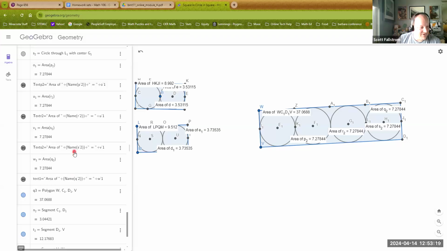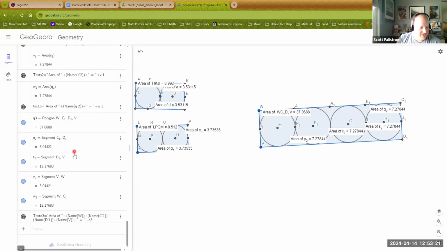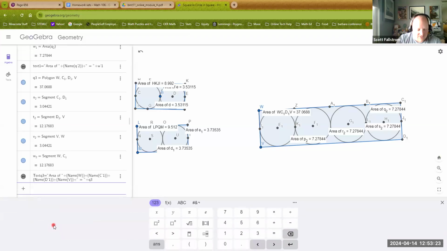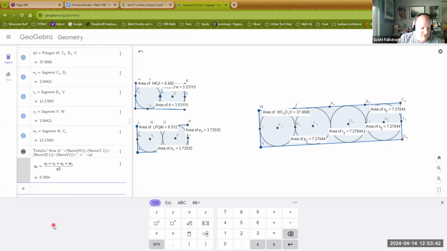Okay, well, here we go. O1 plus V1 plus U1 plus W1. Okay, and all of that divided by Q3, I believe. There it is.